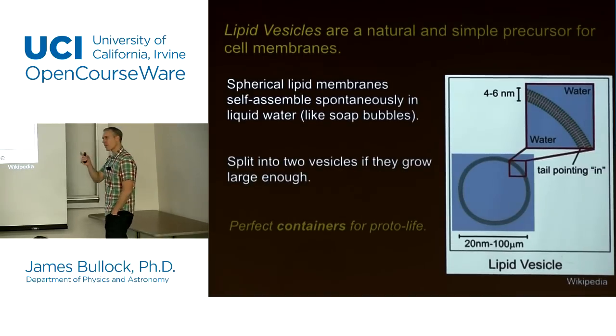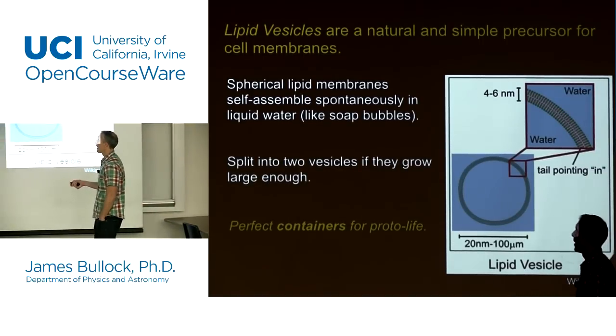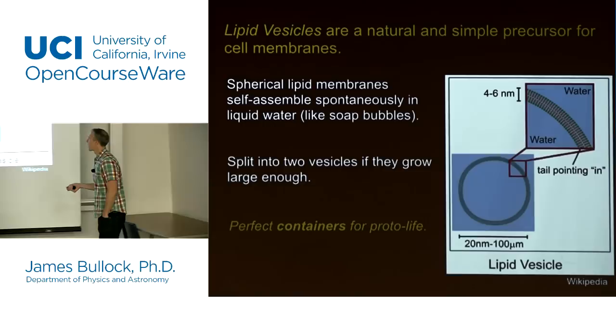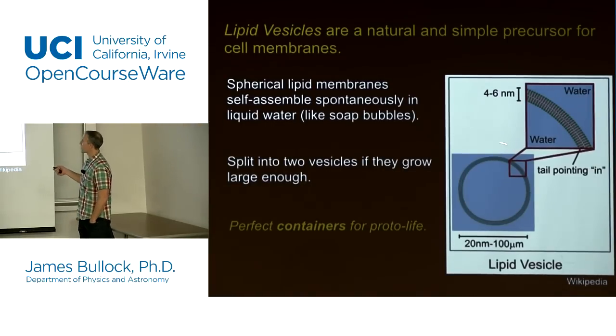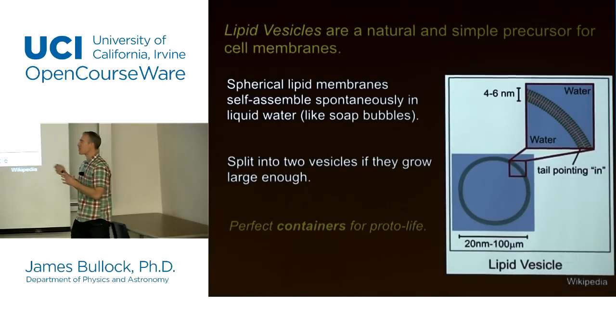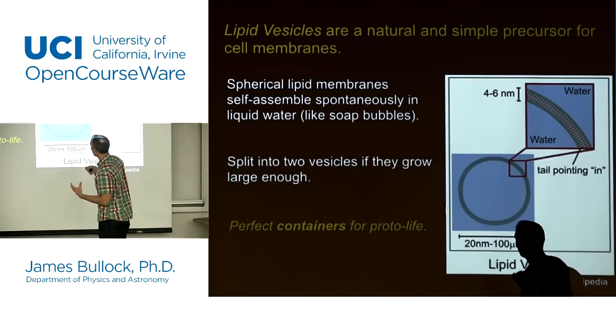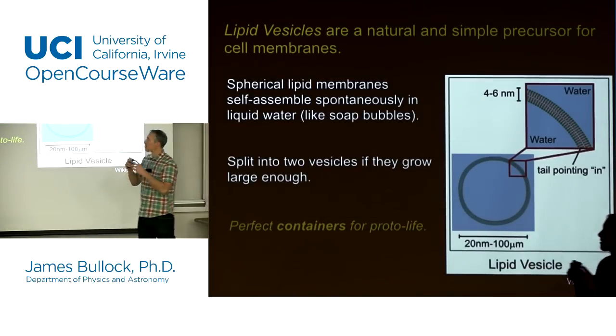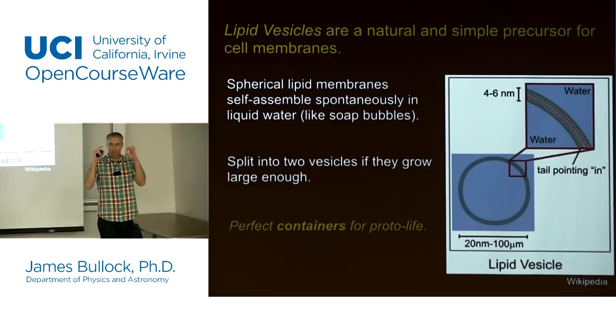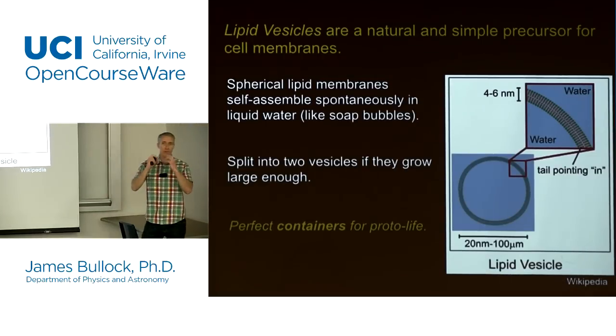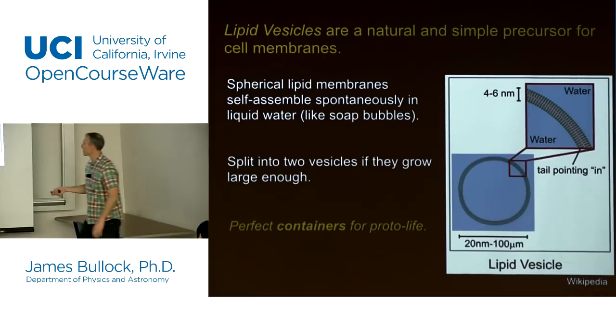They're very similar to soap bubbles. And if they grow large enough, these kinds of things can actually break into two. So you can imagine these early soap bubble type things, these lipid spherical blobs that can exist.